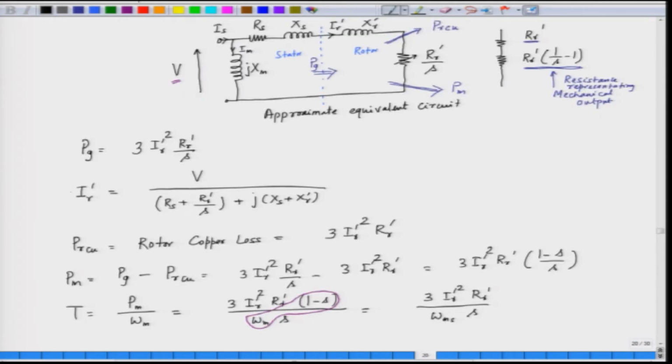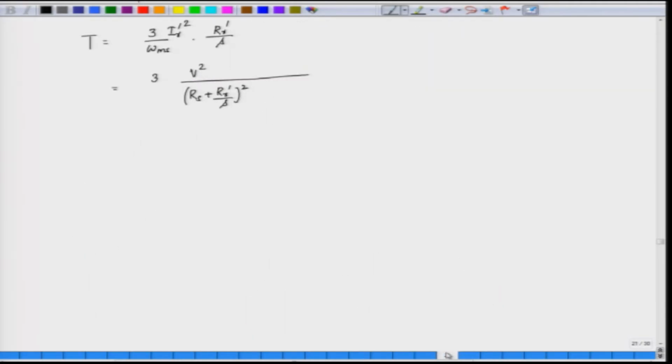We want the absolute value of this, so we have to divide by impedance here. I r square is V square by (R s plus R r prime by s) whole square plus (X s plus X r prime) square. This is the square of the current. We have the synchronous speed, that we can write here into R r prime by s. So, this is the torque of a 3-phase induction motor, the average torque output of a 3-phase induction motor.